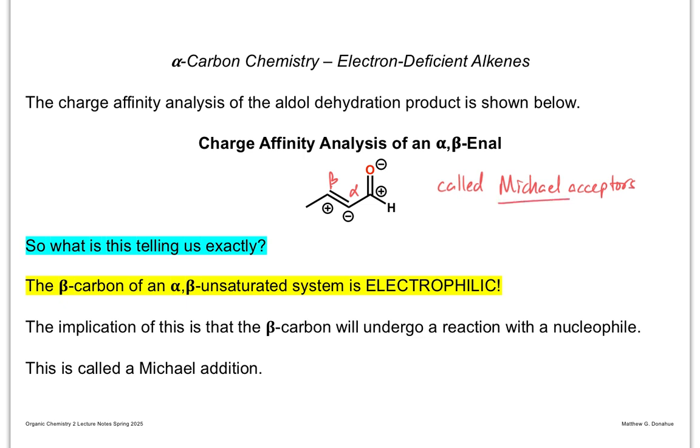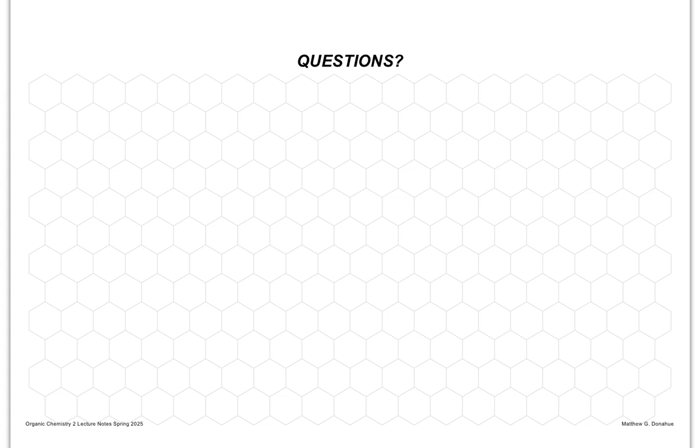So the reaction is called a Michael addition. The nucleophile is a donor, a Michael donor. Questions so far?